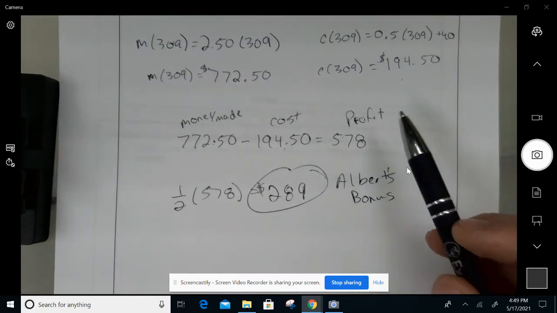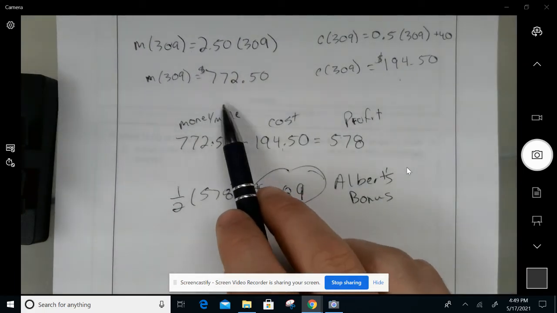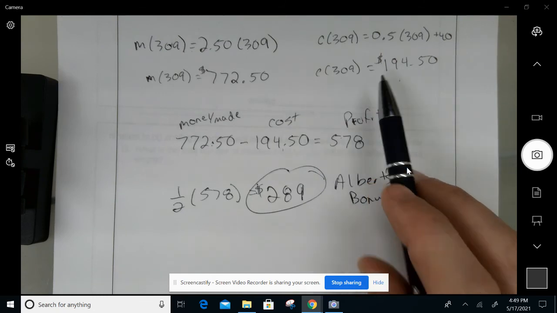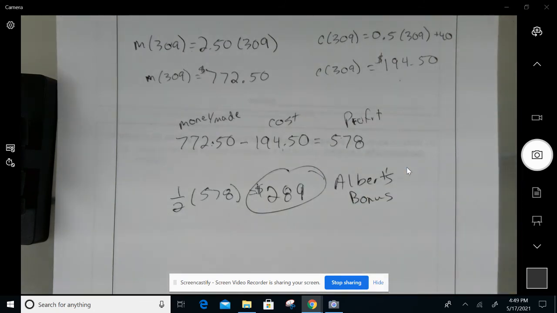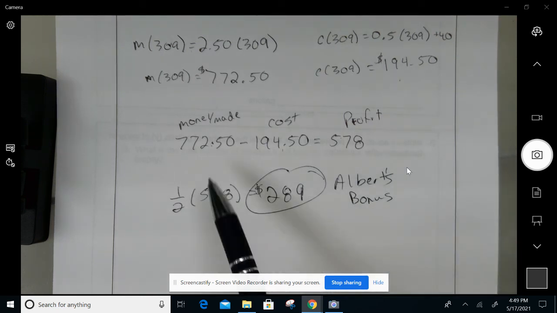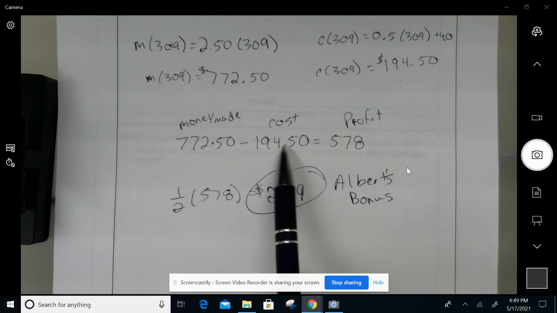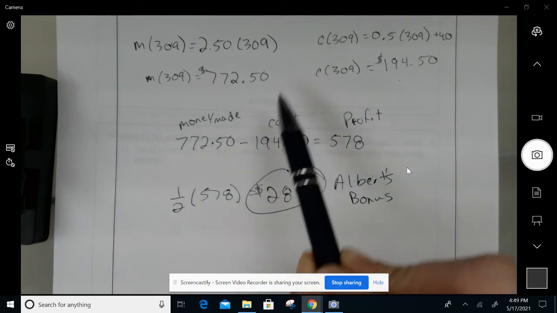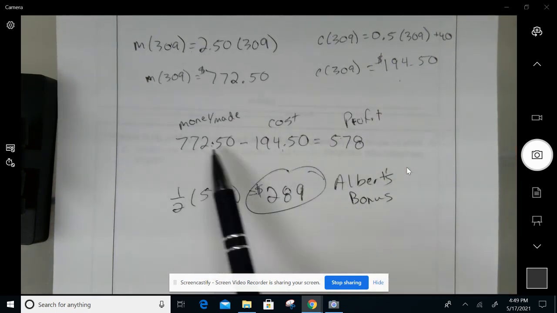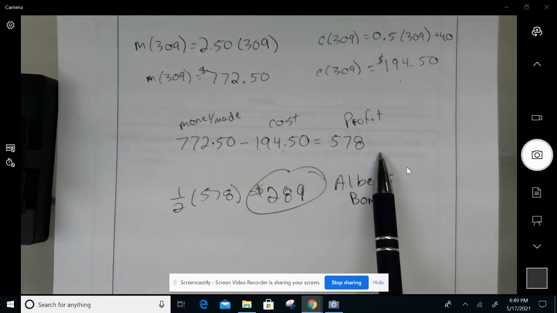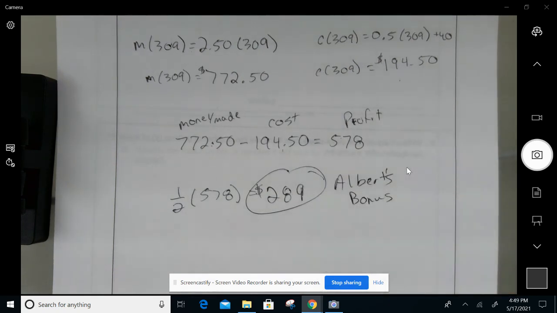Once I found that and saw that they made more money than it cost, I realized Albert gets his bonus, and his bonus is half of the profit. So taking the difference between the money made and the cost, I found that, and I took half of it to get Albert's bonus.